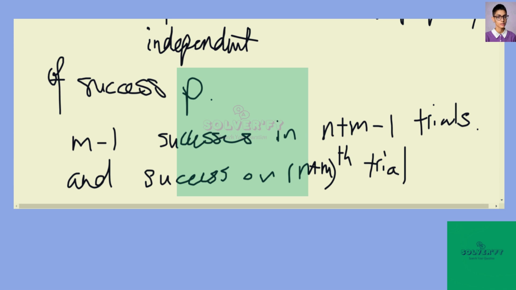And so what this tells us is that the number of successes among a fixed number of trials follows a binomial distribution.